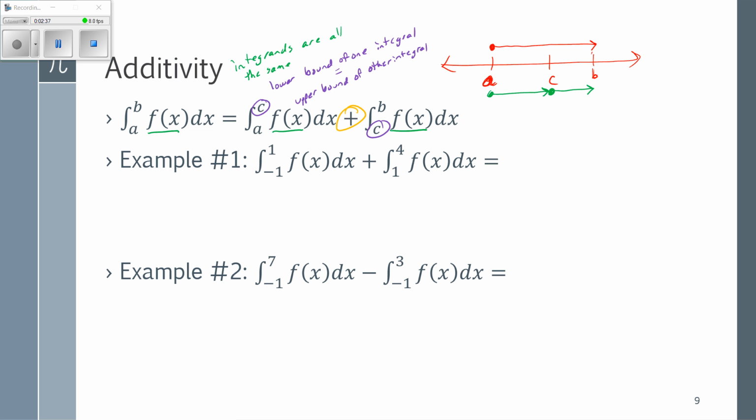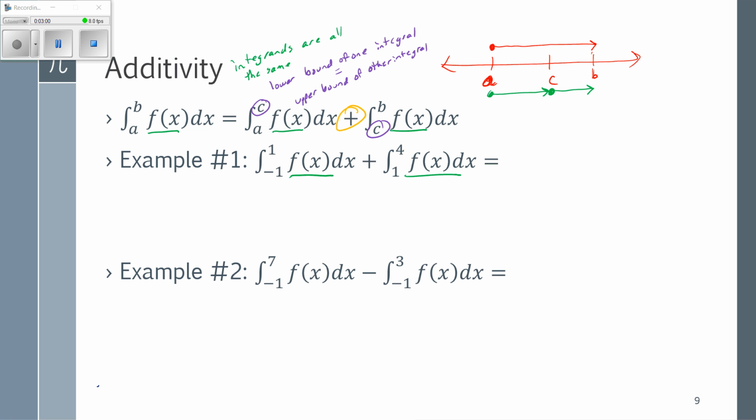So when I look at this, what I'm looking for is each of those things. So I have the integral from -1 to 1 of f plus the integral from 1 to 4 of f. Integrands are the same. That's good.